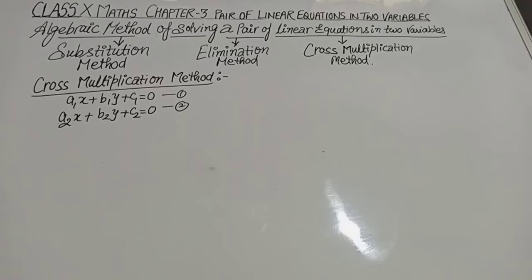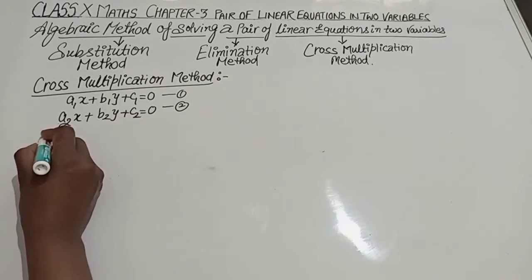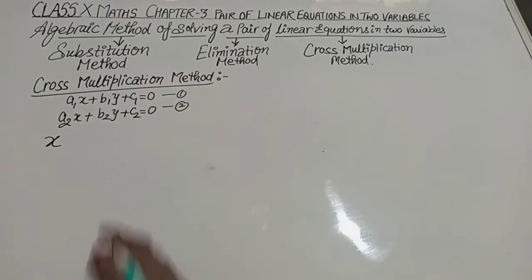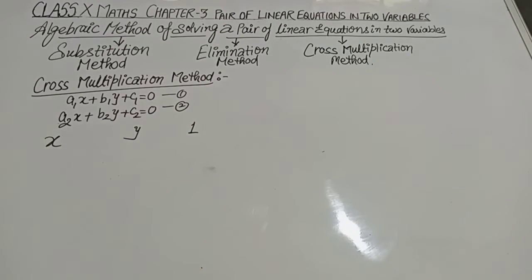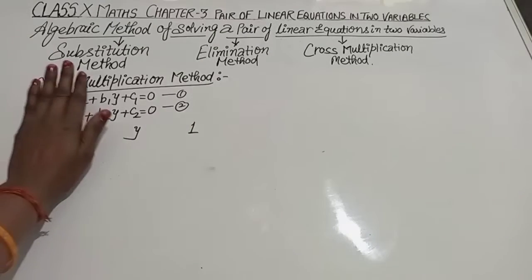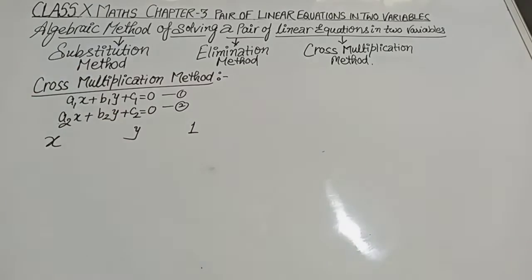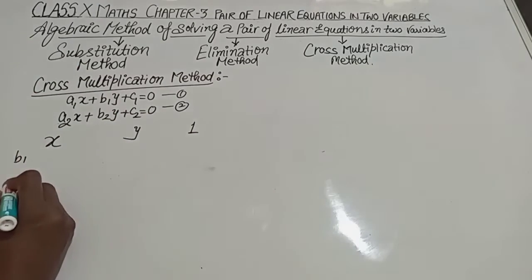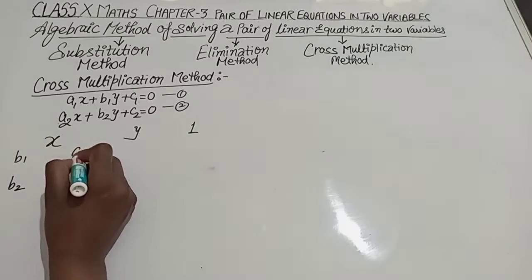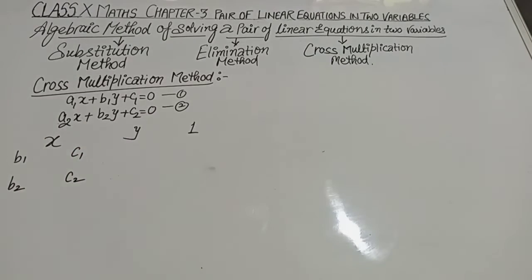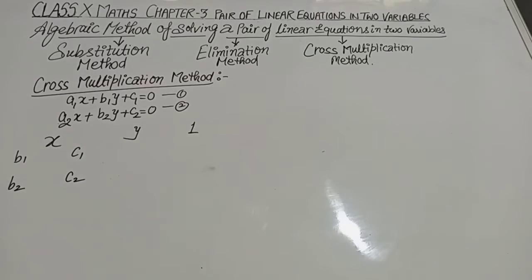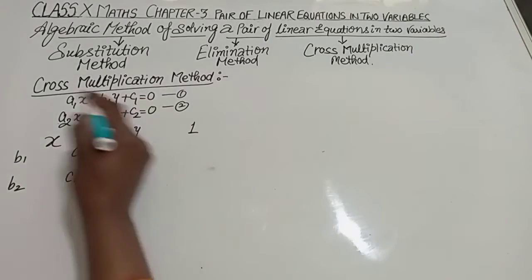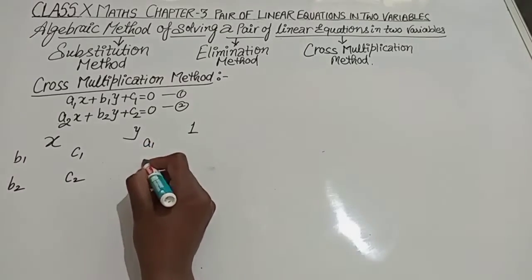So we have to do it like this. Here we have the part in x, here is y and here is 1. If you cover the x part, what we have got is b1, b2, c1, c2. Next, you cover the y part, and what we get is c1, c2 and a1, a2.